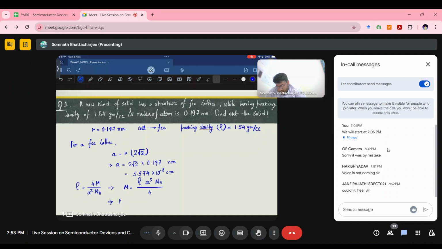From that we can write m equals 1.54 gram per cc multiplied by 5.574 into 10 to the power minus 8 whole cube multiplied with 6.023 into 10 to the power 23, whole divided by 4.